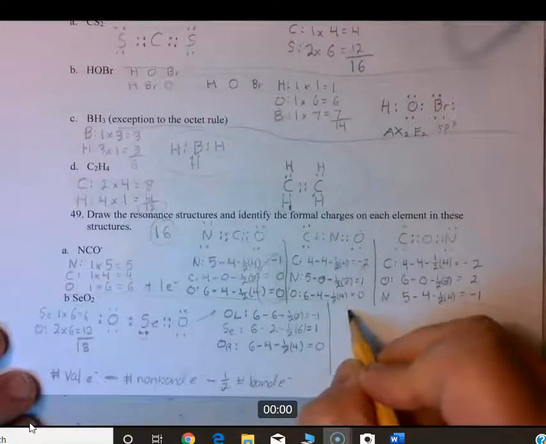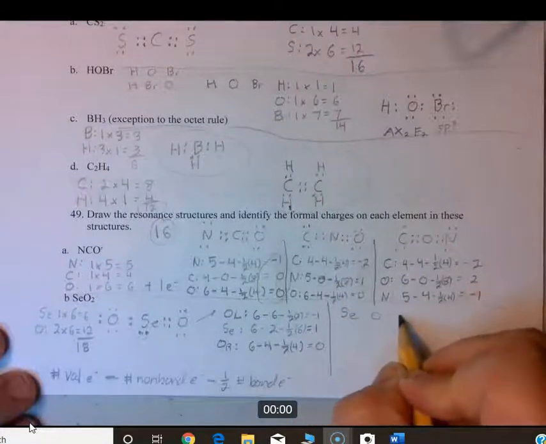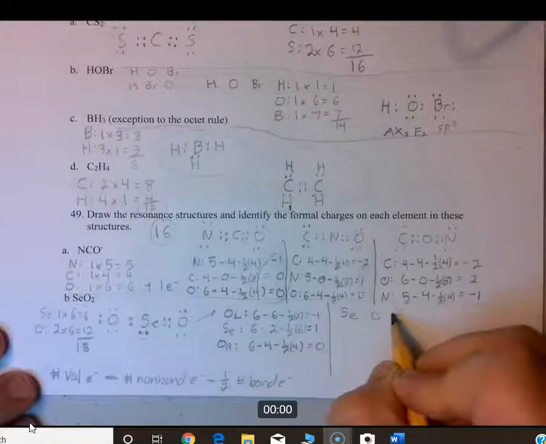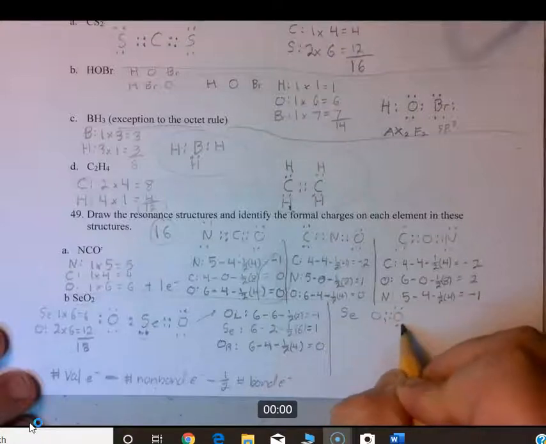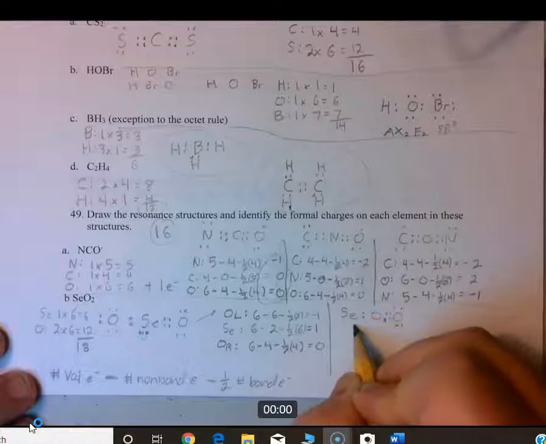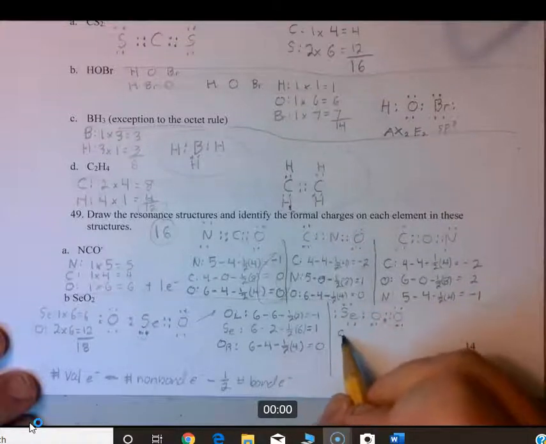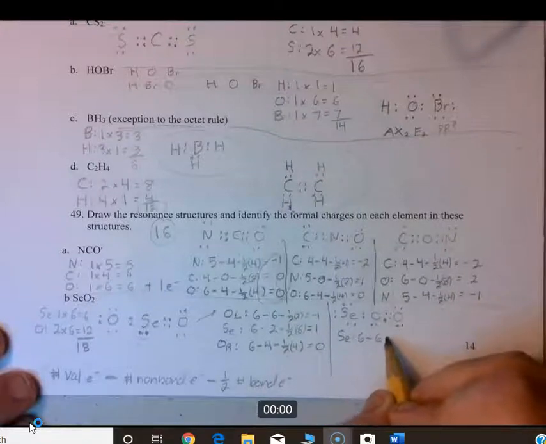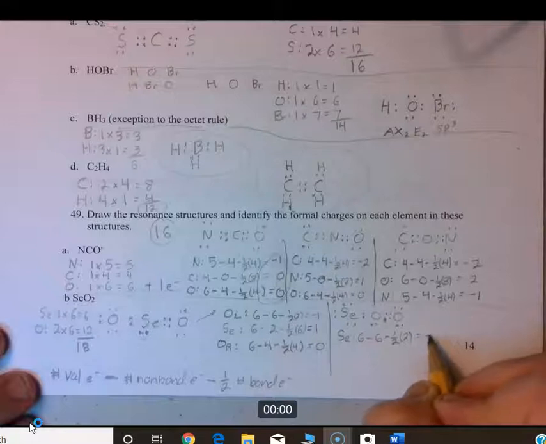So we're going to have Se, O, and O, and it's going to have the same electron configuration. 6 minus 6 of lone pair minus 1/2 of the 2 bonding electrons. And that's going to be -1.